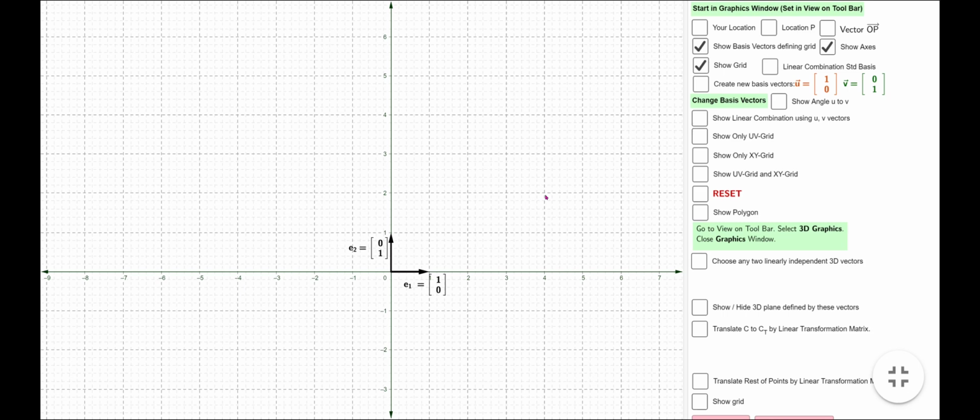As an example, let's say I have this vector over here, which is the vector (2, 4). This is some vector in two-dimensional space, and I can express this vector as a linear combination of these two.